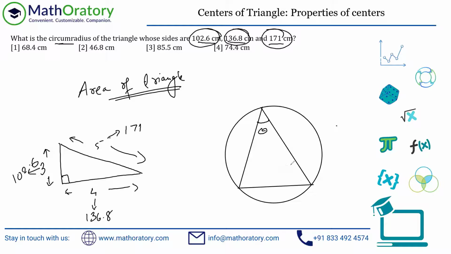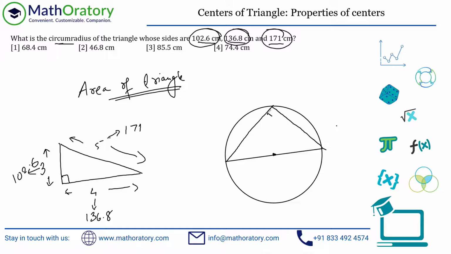So extending this idea, if I have a diameter, which is also a chord of a circle, because it is passing through the center, it will subtend 180 degrees, right? So on the circumference, it will subtend 90 degrees.